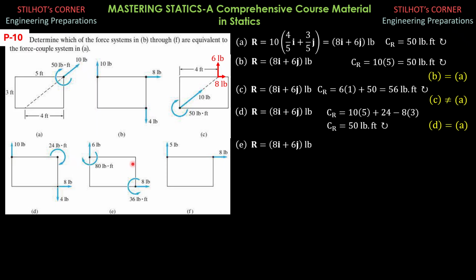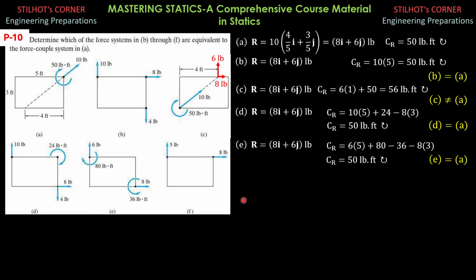Moment about this corner is equal to 6 times 5, clockwise positive, plus 80 pound-foot, then minus 36, then minus 8 times 3. Simplifying, the resultant couple is 50 pound-foot clockwise, so it is equivalent to the force system in A.